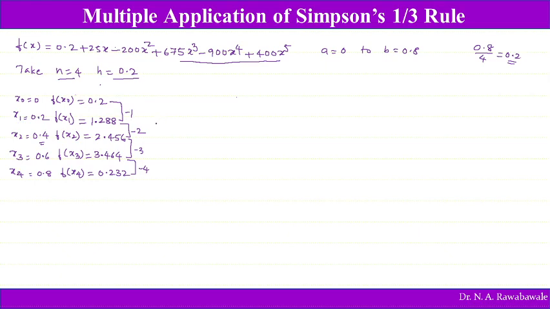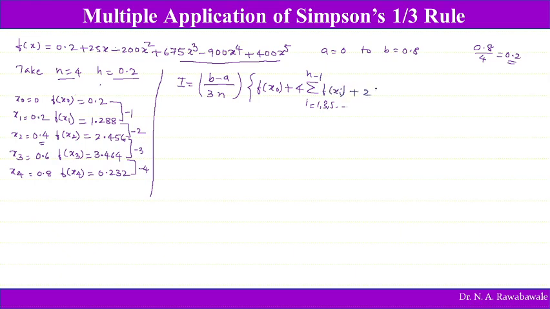Now writing this equation for the multiple application of Simpson's 1/3 rule, just what we have written: I is equal to (b minus a) divided by 3n, in brackets, f of x0 plus 4 times summation of i equal to 1, 3, 5, odd numbers up to n minus 1 of f of xi, plus 2 times summation of i equal to 2, 4, 6, up to n minus 2 of f of xi, plus f of xn, close this bracket.